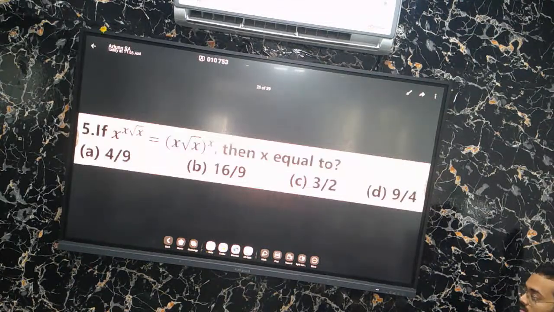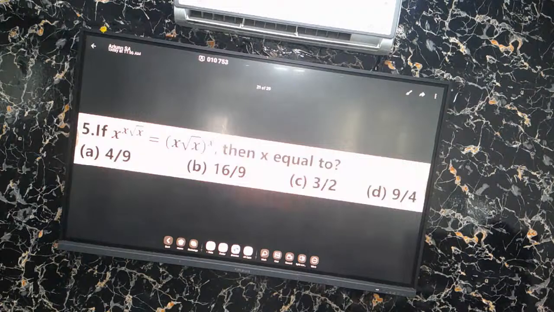Carefully apply whatever law of indices you have learned, don't make a mistake. Tackle the power first, then tackle the base. Always with law of indices, tackle the power, then the base.